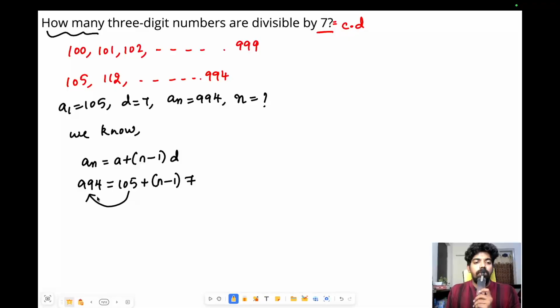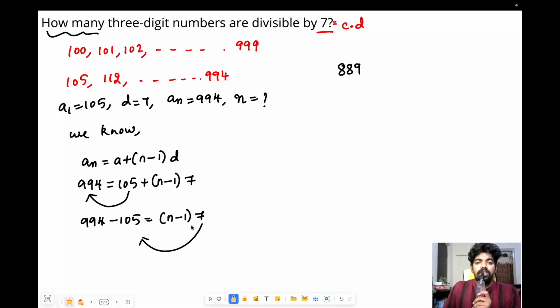I am transposing 105 to this side. 994 minus 105 equals n minus 1 into 7. 994 minus 105 is 889. I am transposing 7 to the left-hand side. Multiplication is there, so it will go to the denominator: 889 by 7 is equal to n minus 1. 7 ones are 7, 7 twos are 14, 7 sevens are 49, so 127 is equal to n minus 1.